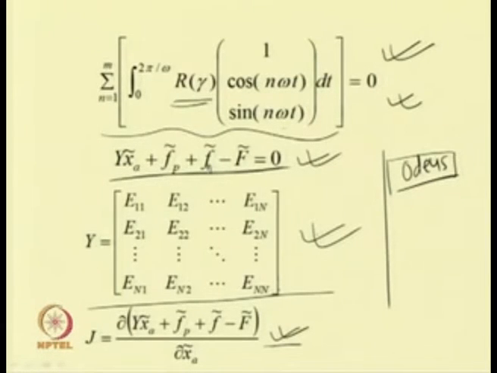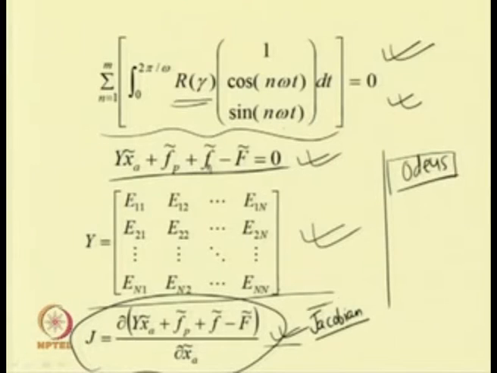While using this Newton-Raphson method, one requires this Jacobian matrix. This is the Jacobian matrix which is to be evaluated in each iteration, and it is equal to J equal to del of y x a plus f p plus f n bar minus f bar by del x a.